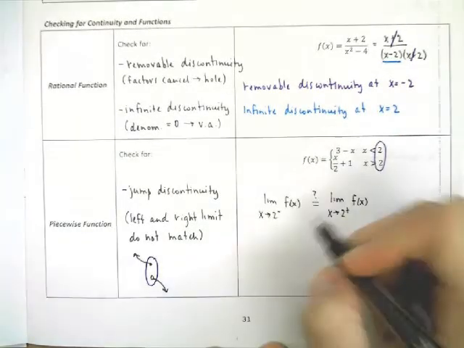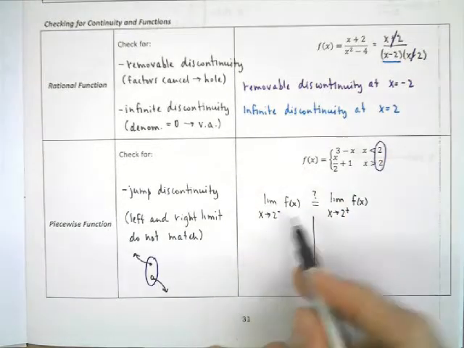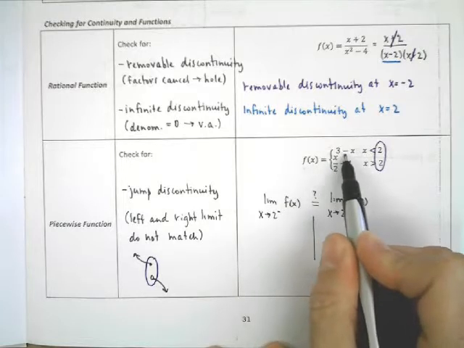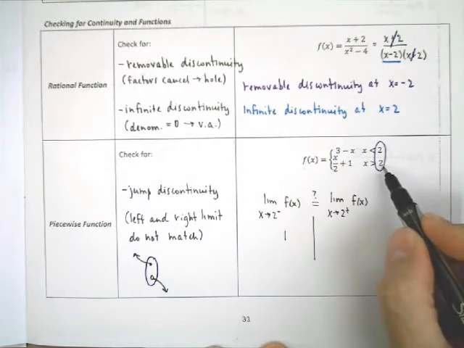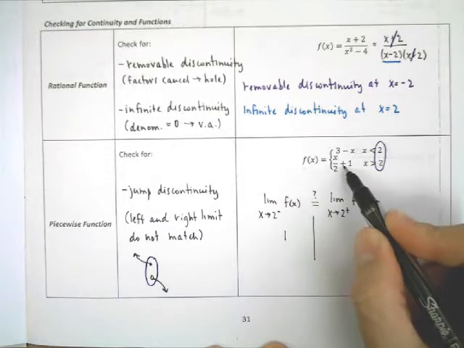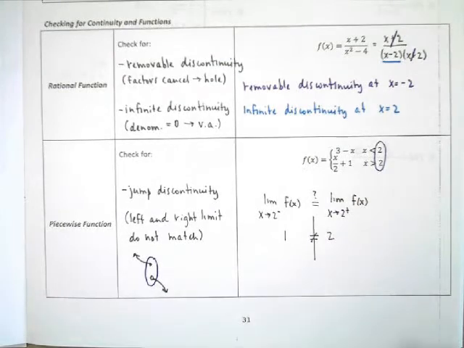That's the question we want to look at. If I'm looking at 2 from the left, obviously I'm going to be at this top piece of the function. So if I plug in 2, I have 3 minus 2, which is going to give me 1. If I look at 2 from the right, now I have 2 divided by 2 is 1, plus 1 is 2. And obviously those aren't equal.